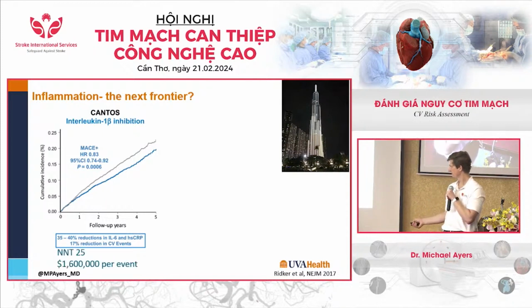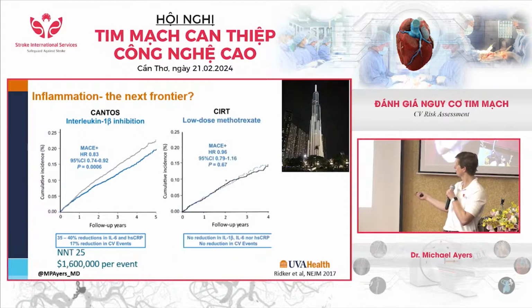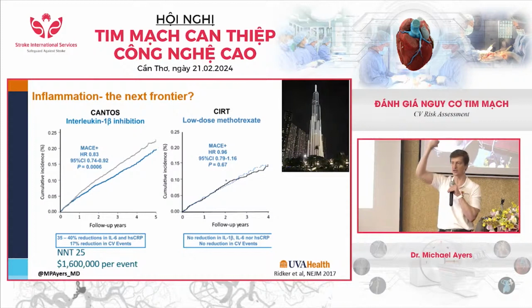And the company priced this at 1.6 million per event prevented, which if you're a guideline writer, saying I'm going to write millions of this script that costs about $2 million American dollars per event prevented, that's a tough sell. So this ended up not getting approved in America, and they repeated the trial with methotrexate that's slightly higher up in the IL-1 pathway.